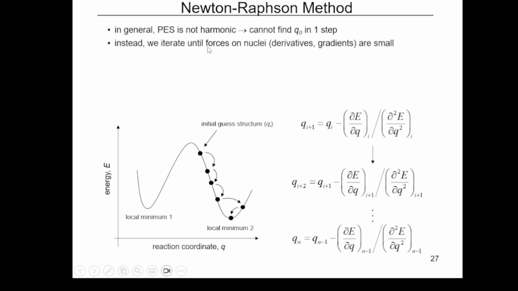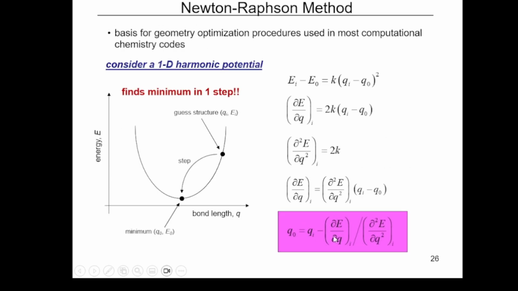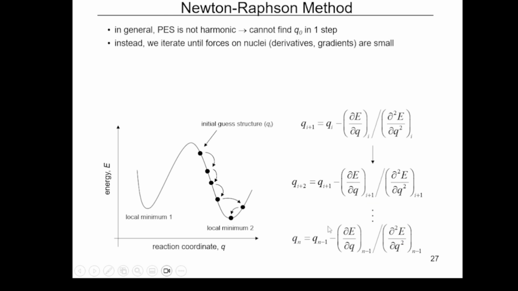So the implication is that you cannot find q naught in one step. Instead, we iterate until the forces on nuclei are very small. So we will take the equation on the last slide, this one, and do it step by step. Qi plus 1 is equal to qi minus first derivative divided by second derivative.